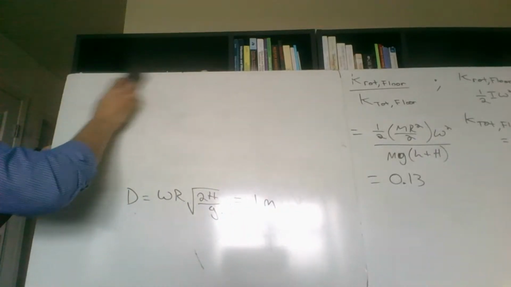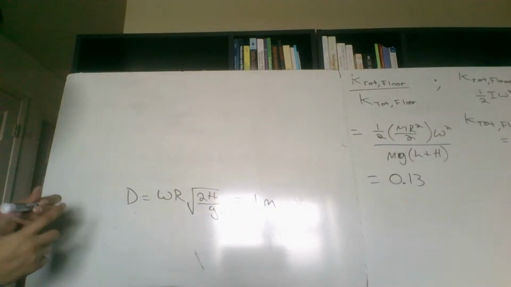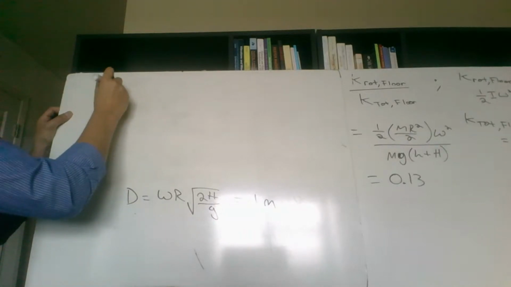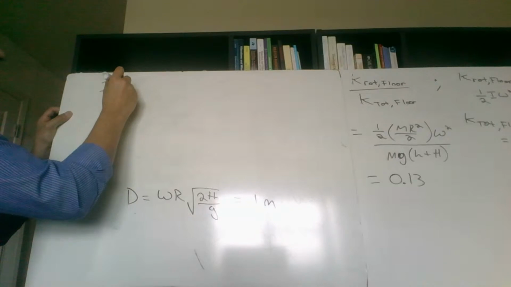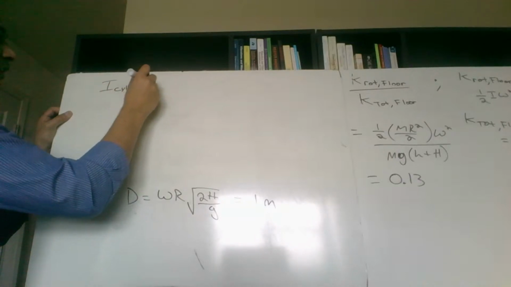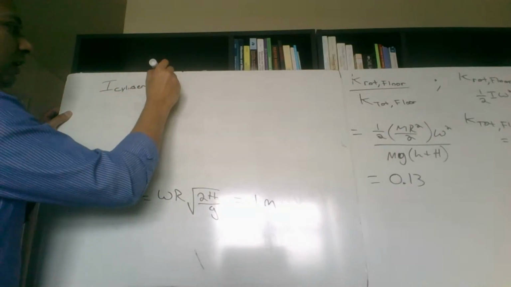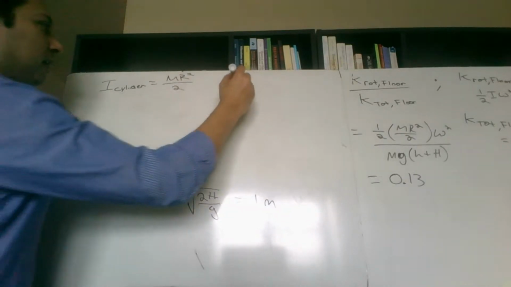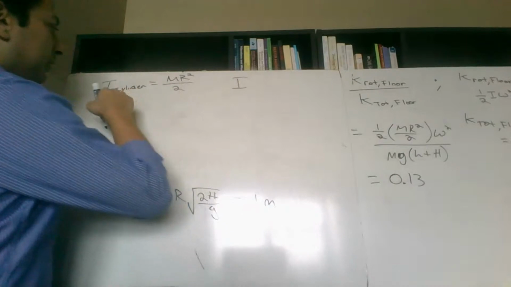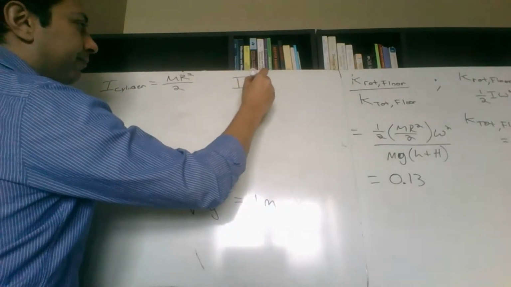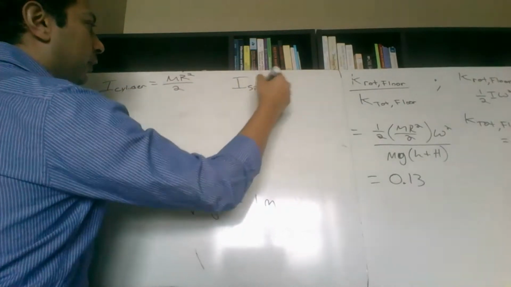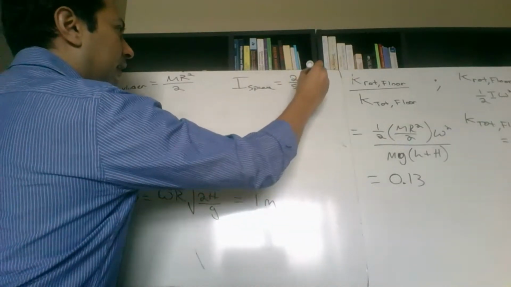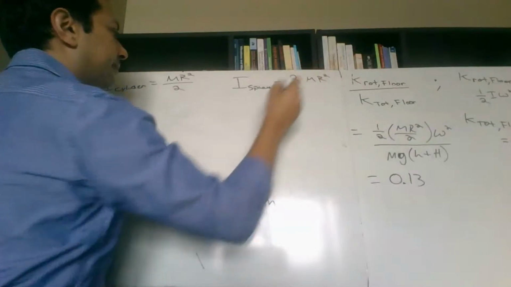So before we had our hoop or cylinder, I believe it was a cylinder, the I of the cylinder was equal to mr squared over 2. And now we have a sphere whose moment of inertia is equal to 2/5 mr squared.